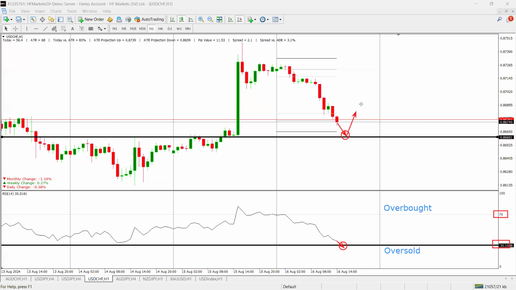This support agrees, RSI also agrees for an upward movement in price, but I need to also find out what the market thinks. You need to think about what the general market opinion about this instrument is, because that also matters. So what is the current general market opinion about USD CHF? Maybe if tomorrow was still a trading day, I need to think about that.